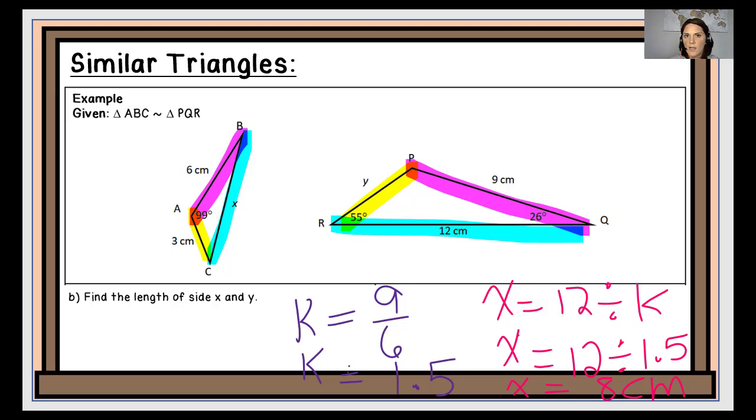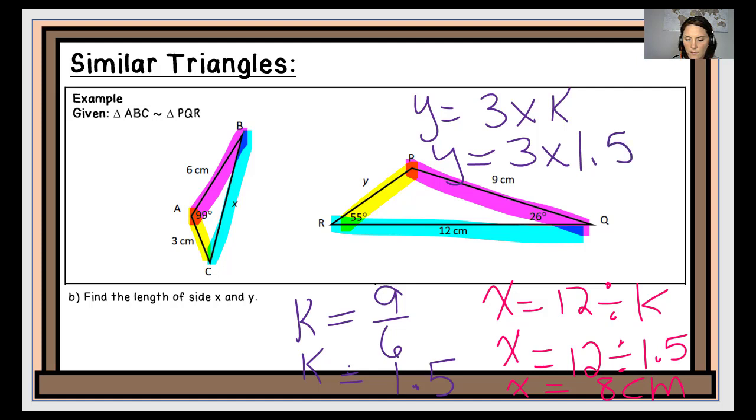Same idea, Y corresponds with side length 3 on the smaller triangle. So Y is going to be bigger than 3. This time I'm going to multiply the side length 3 by my scale factor. So 3 times 1.5 is equal to 4.5.